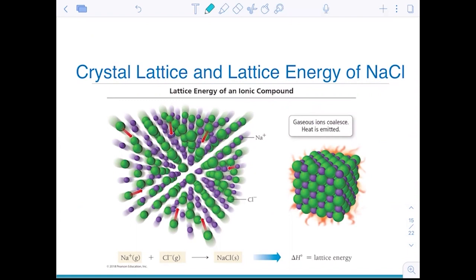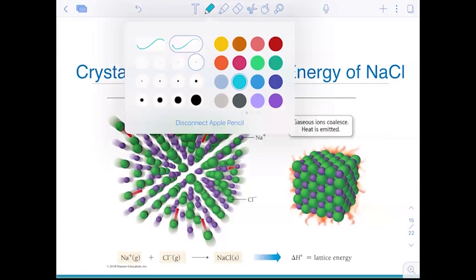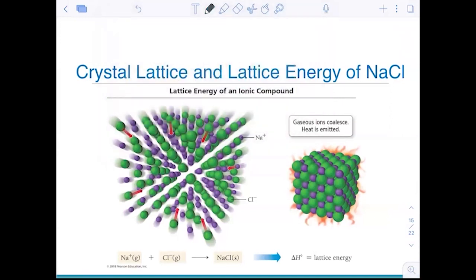If we think about sodium and chlorine coming together, what needs to happen for sodium and chlorine to come together is this. Sodium solid and 1 chlorine, notice there's that diatomic.